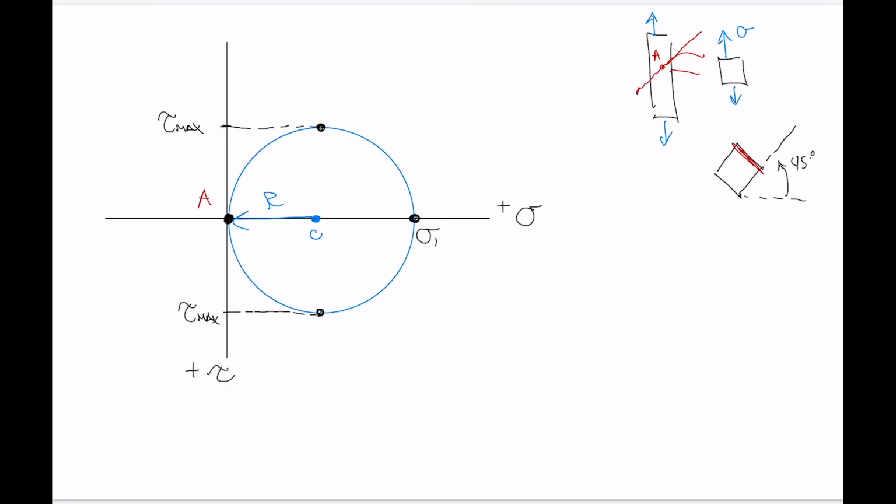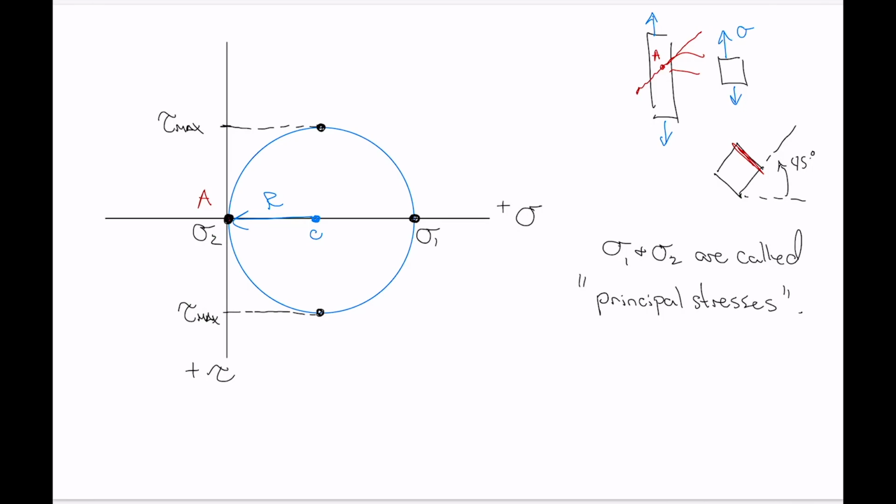Sigma 1 is the one with the larger absolute value, and sigma 2 is the one with the smaller absolute value. So sigma 1 and sigma 2 are called principal stresses.